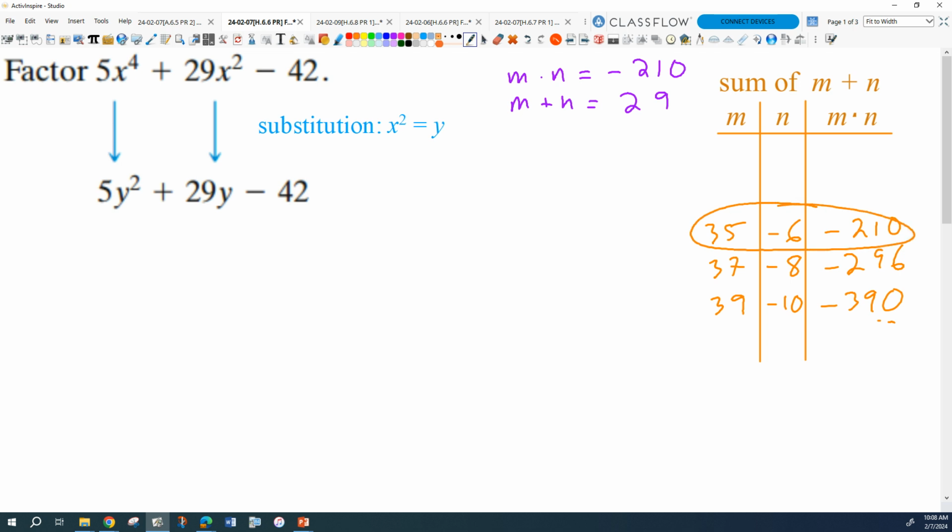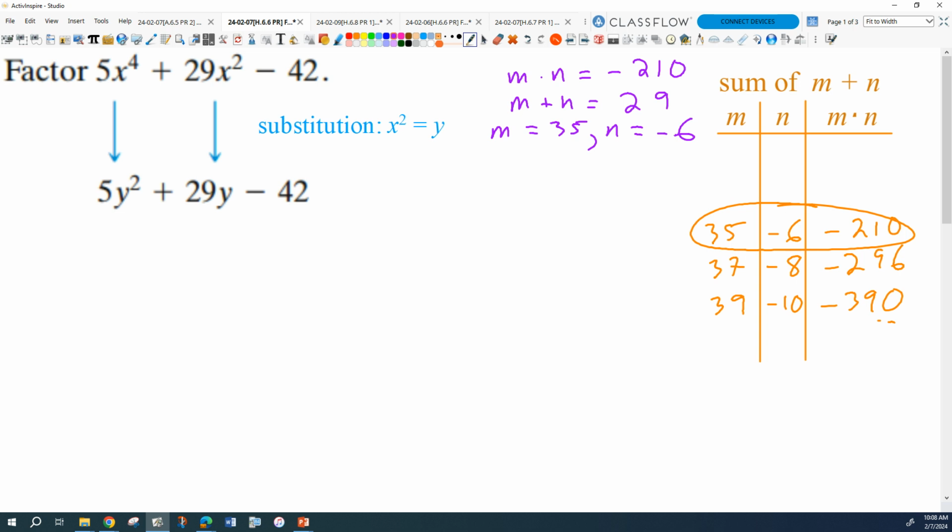So we know what our magic numbers are then. M is 35, N is negative 6. So what do we do? Okay, good. Yeah, so we're going to split that middle coefficient, the 29. Now, I had a couple questions about this yesterday. If I split the coefficient, I'm splitting the term, aren't I?